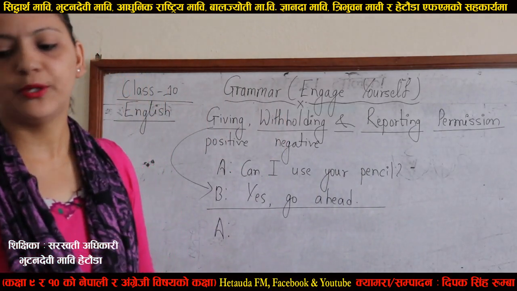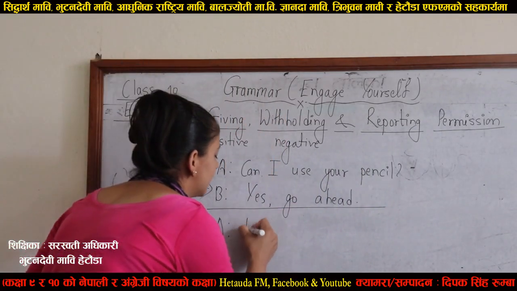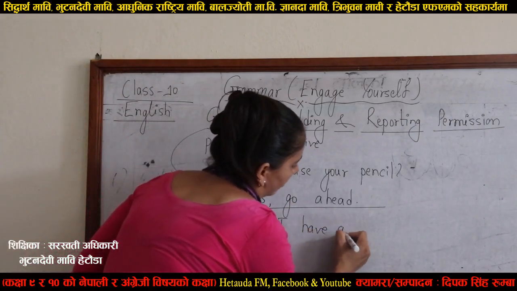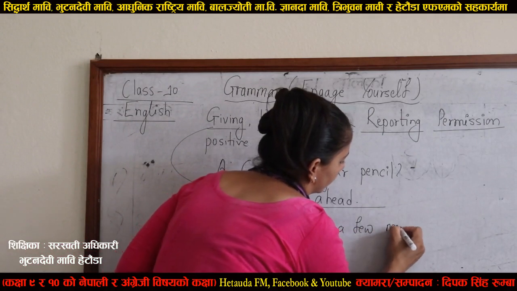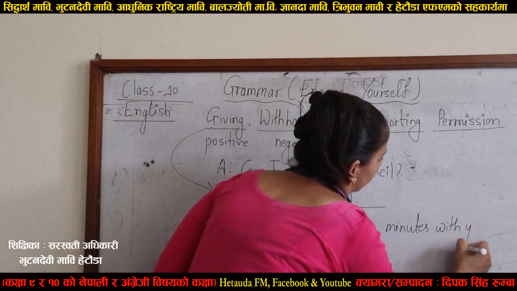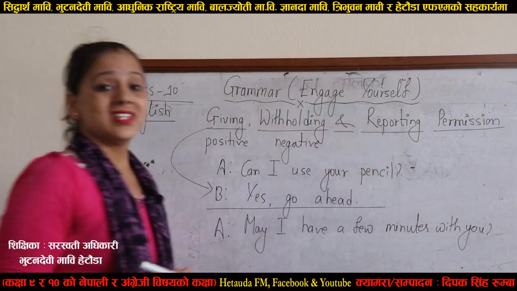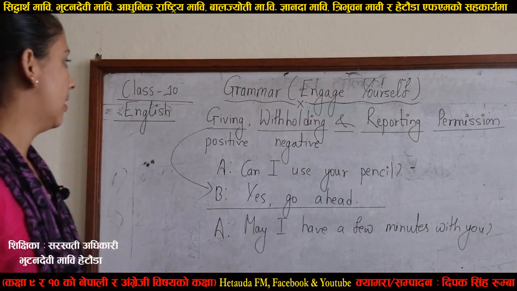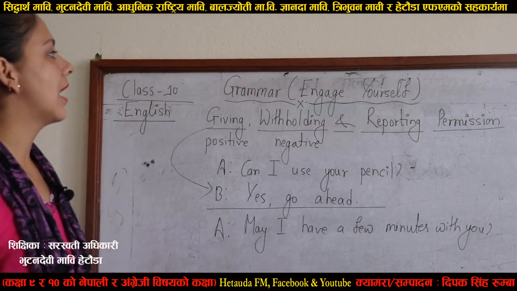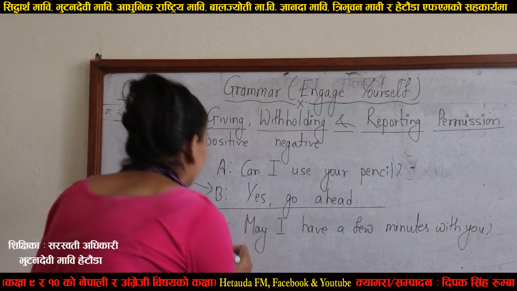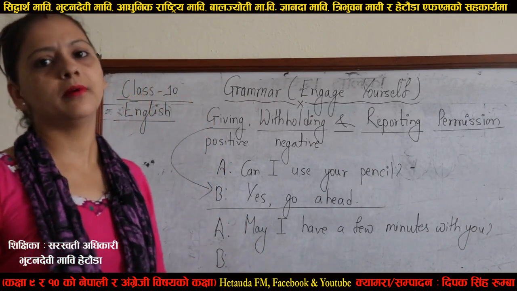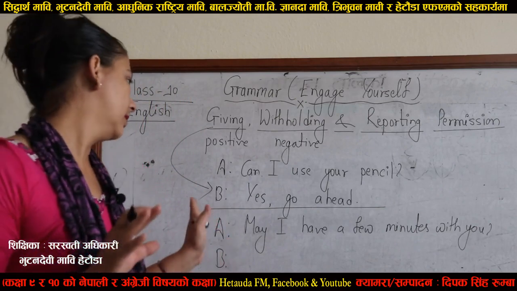Now another example is, may I have a few minutes with you? What does A say? May I have a few minutes with you. So this is another question made by A to ask for permission. So what is A asking? Can he or she have a few minutes with B?